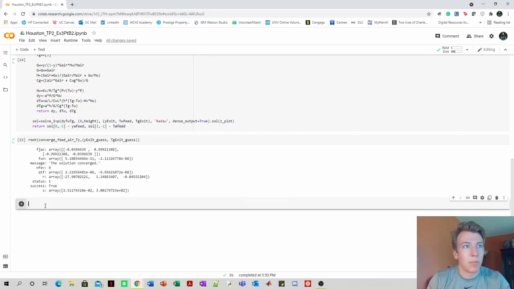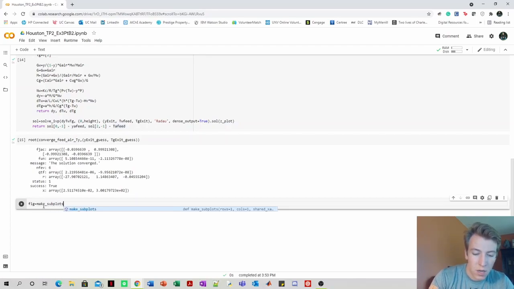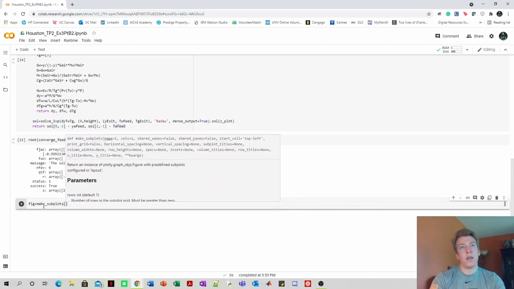So lastly, we want to plot this. So we're going to do figure equals make subplots. Then we want to import how many rows and columns for where the graphs are displayed. So for this, we want 3 different graphs.